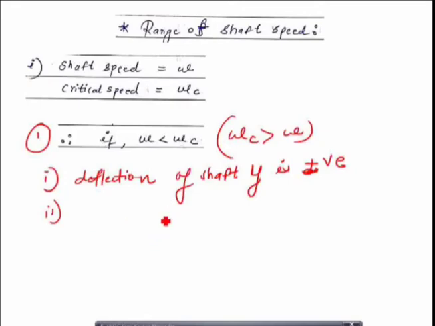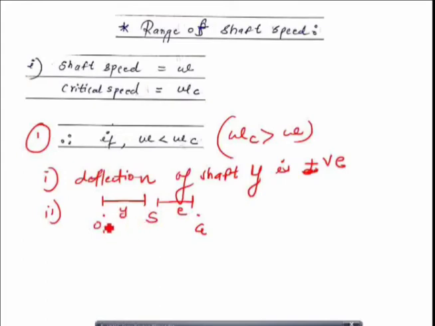For example, S will be somewhere here, O will be somewhere here, and let us say G will be somewhere here. This distance is e, and this distance is y. And let us say this is O1.